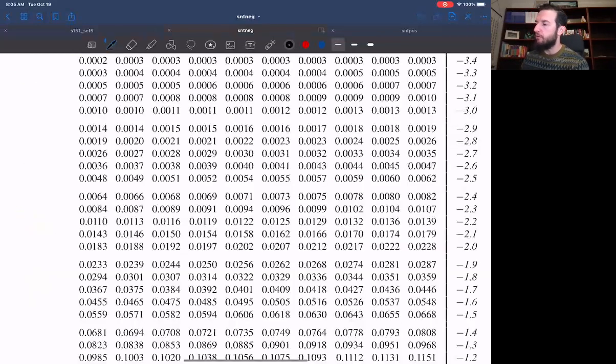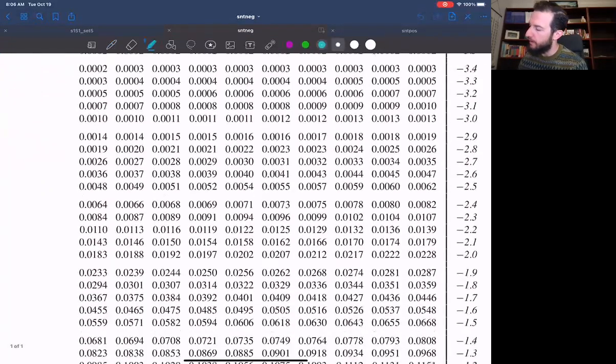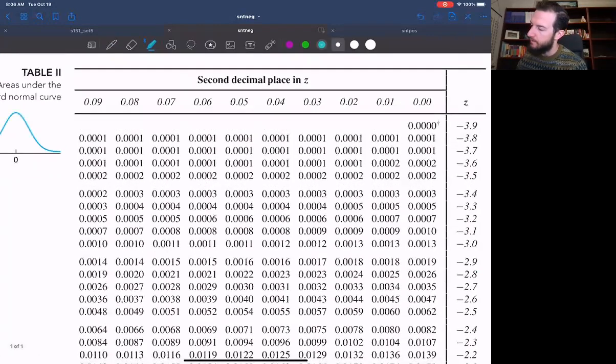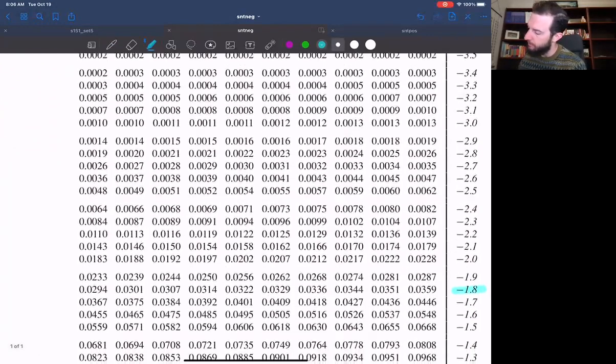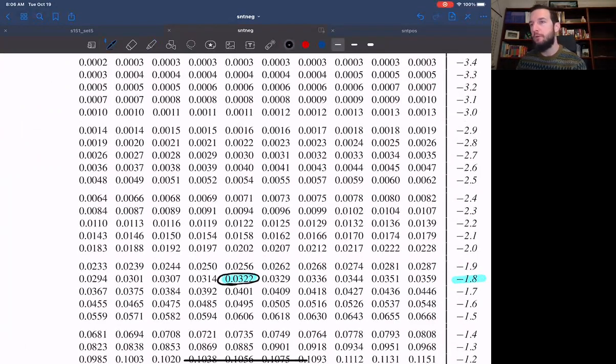So in that case, we're going to use the first page of the standard normal table because that's the table that gives us negative Z scores. So we'll look for negative 1.85. Here's negative 1.8 and 0.05. Okay, so we're going to match these columns together. And that gives us 0.0322. So the probability that Z is less than negative 1.85 is 0.0322.